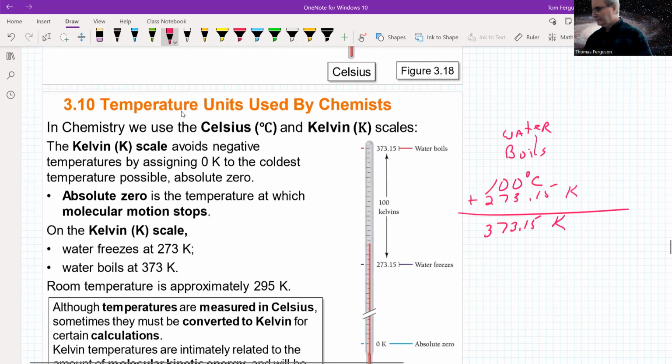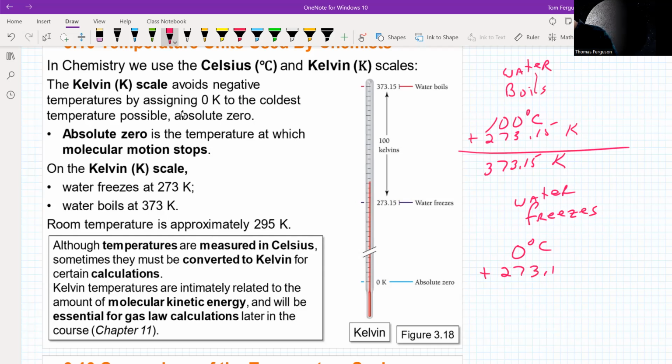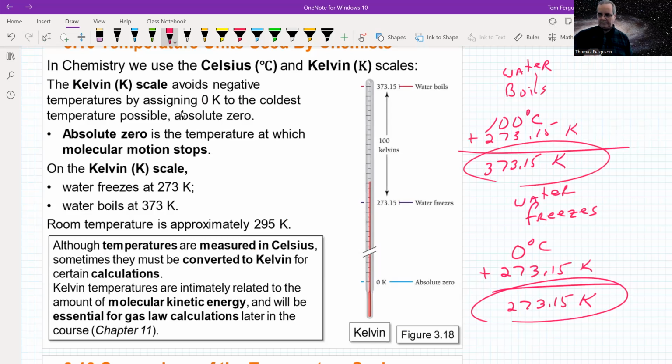And just remember another conversion factor, the 273.15 difference between Kelvin and Celsius, or some people call it centigrade.